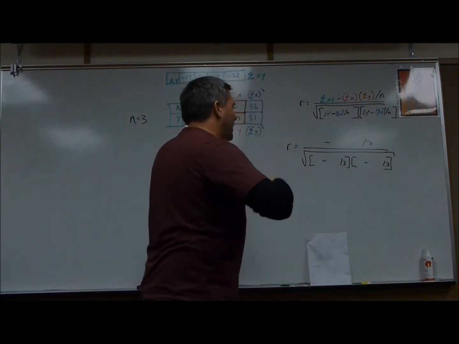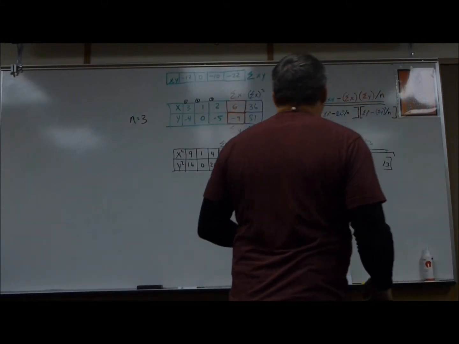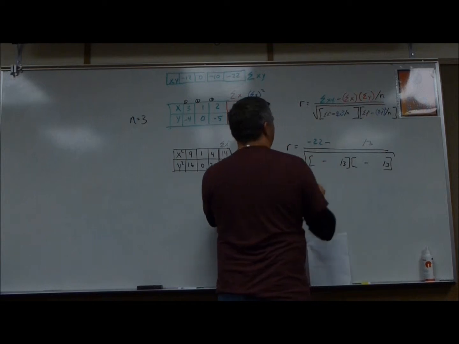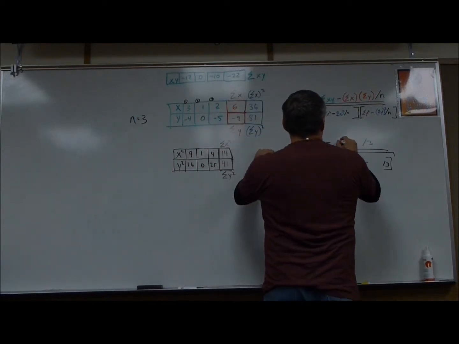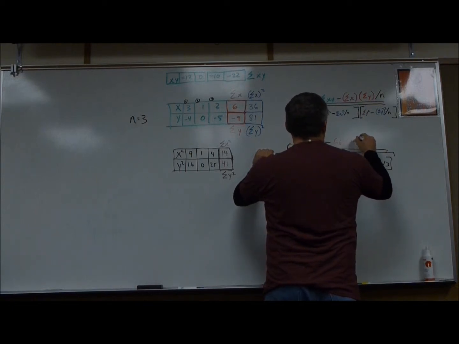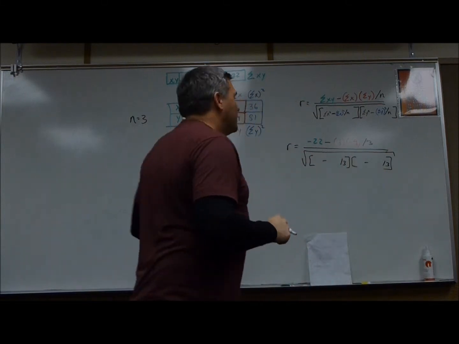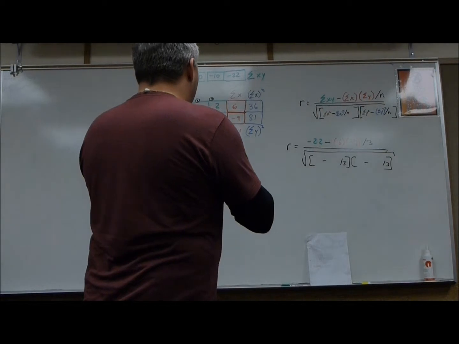Now I just plug in everything else. So first I'm going to plug in my green. Negative 22. Then my reds. Negative 6 times negative 9. Or no, not negative 6. Positive 6 times negative 9. And then I plug in my brown.